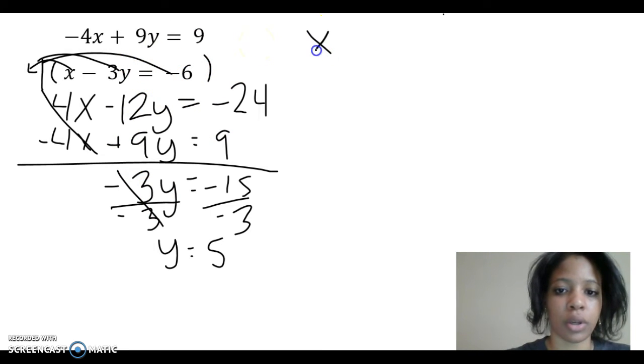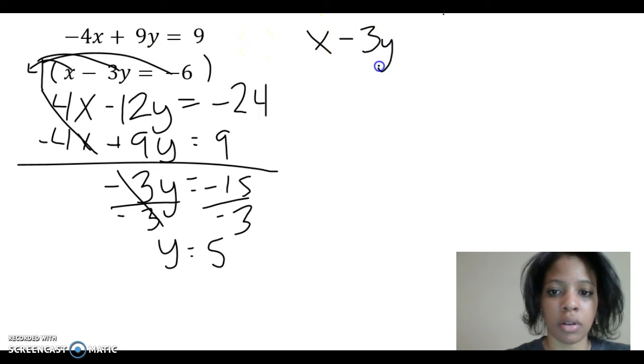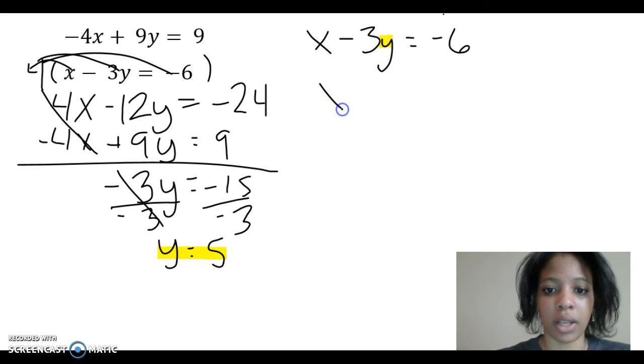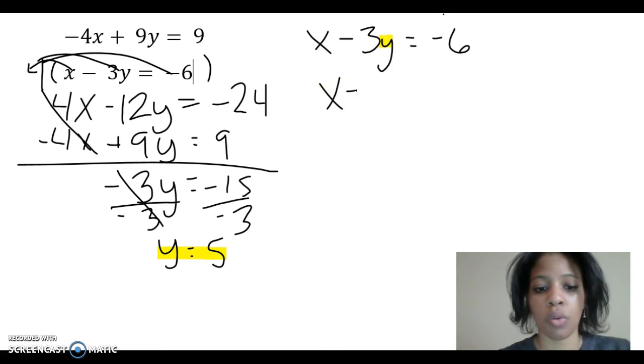So I'm going to rewrite that equation so I can actually see it. Okay, so now I'm going to plug in my 5 for y into that equation, right? So now when I'm rewriting, instead of writing y, I'm going to write 5.